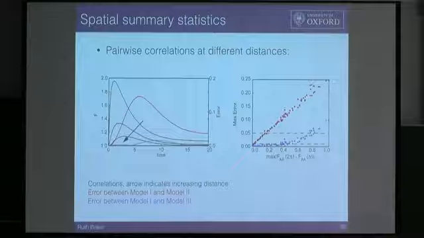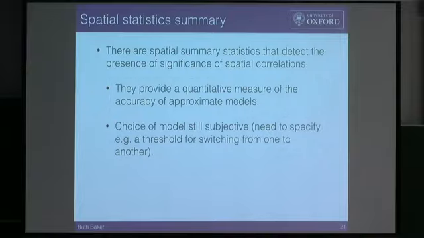You can see clearly that you could essentially distinguish between when one model versus the other is becoming appropriate. So there are spatial summary statistics that allow you to pick up the presence of correlations in these models, and they should provide a quantitative measure of the accuracy of your approximate model, model 2 or model 3, relative to model 1.